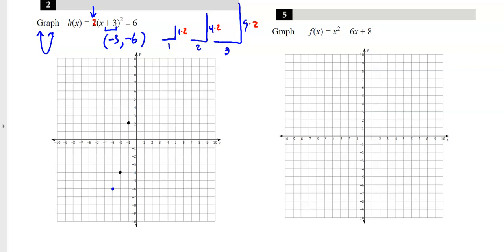And I'm going to go over 3, all the way up 18, which is going to put me off my graph, so I don't have to worry about it. And then I can just use symmetry over the line of symmetry here. And I have a skinny parabola. It kind of goes like that. So I stretched it vertically because of that 2.